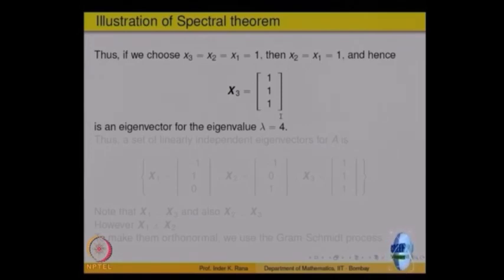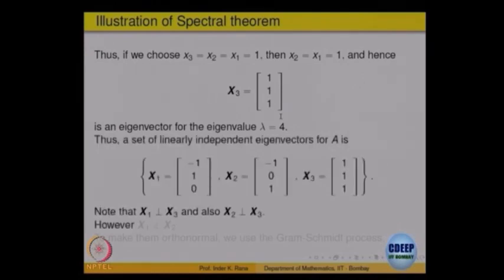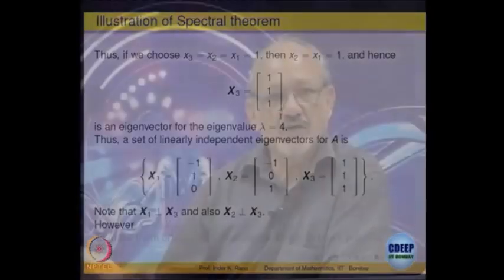So, basically it is solving a system of linear equations, finding rank, finding nullity. So, you get 3 vectors x1, x2 and x3, and that will always happen for a real symmetric matrix. If the order is 3 cross 3, or n cross n, you will get n linearly independent eigenvectors for a real symmetric matrix.